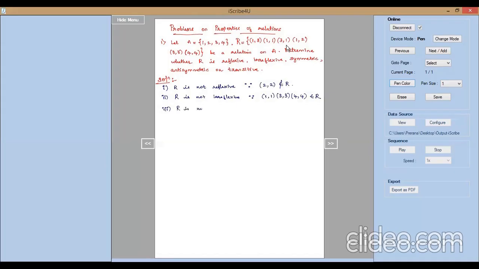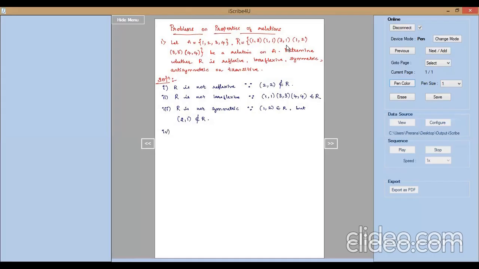R is not symmetric because (1,2) belongs to R, but (2,1) does not belong to R. So it is not symmetric.